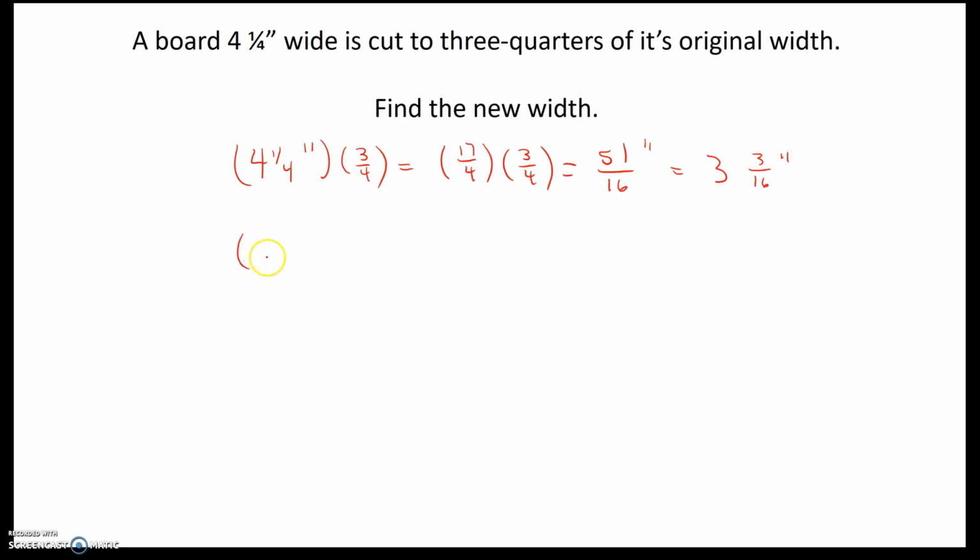Or we could convert the measurements into decimals. 4¼ is equal to 4.25 inches. 3/4 is equal to 0.75. Doing that multiplication, it comes out to 3.1875 inches. This is equal to 3 3/16 inches.